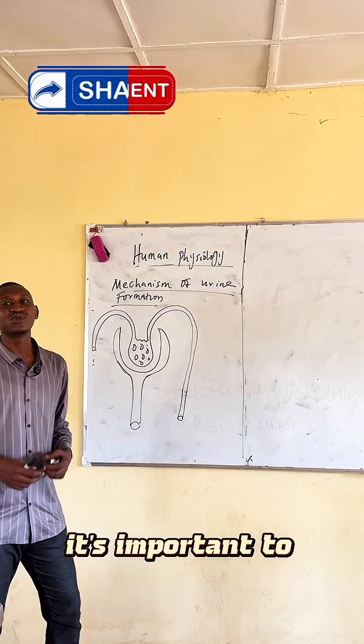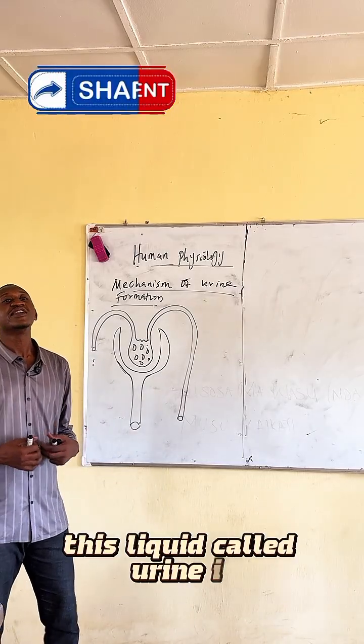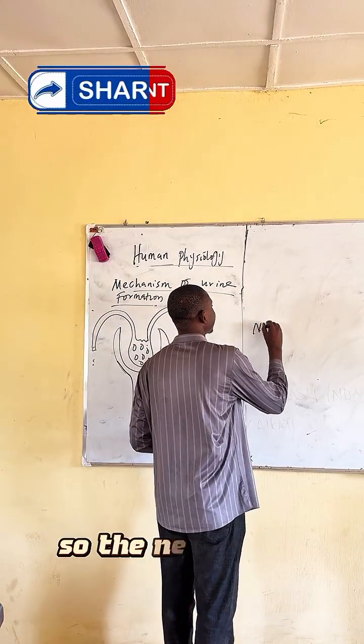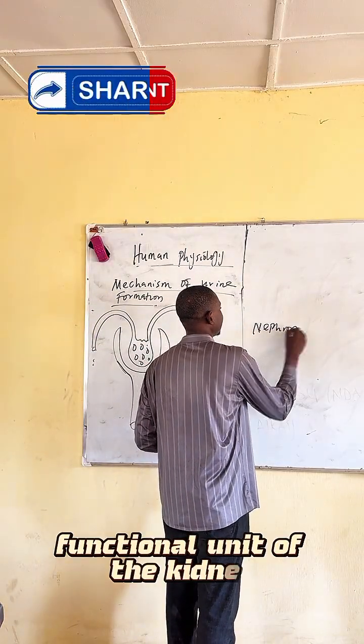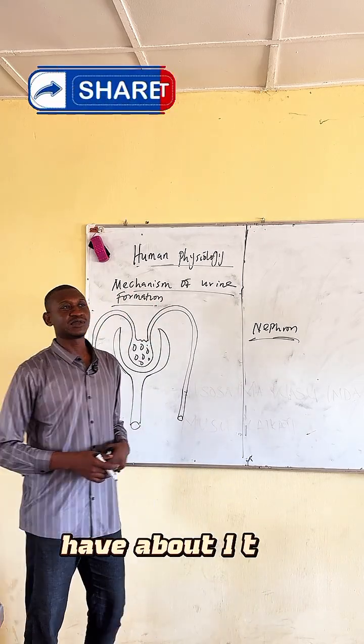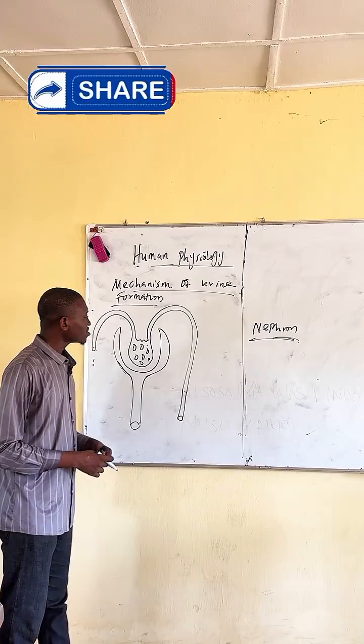It is important to note that this liquid called urine is produced in the nephron. The nephron is the functional unit of the kidney. In the kidney, we have about 1 to 2 million nephrons, which I discussed in my previous class.